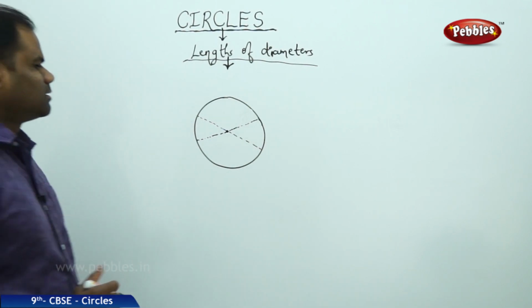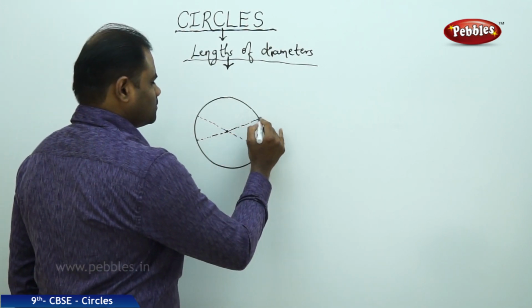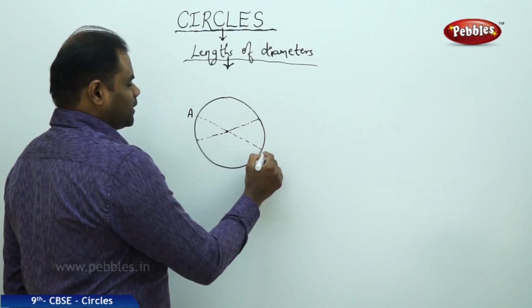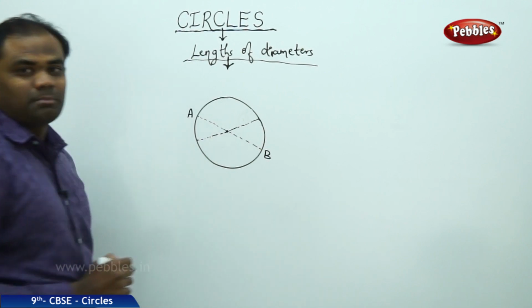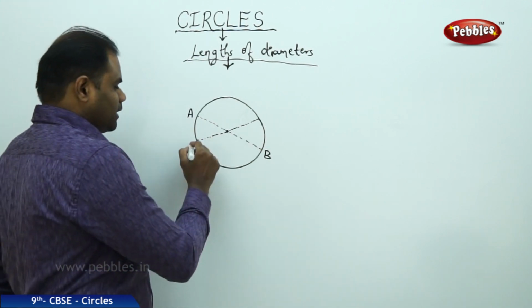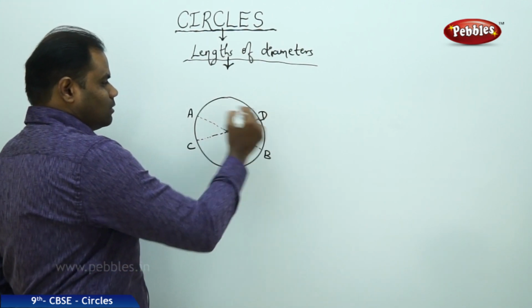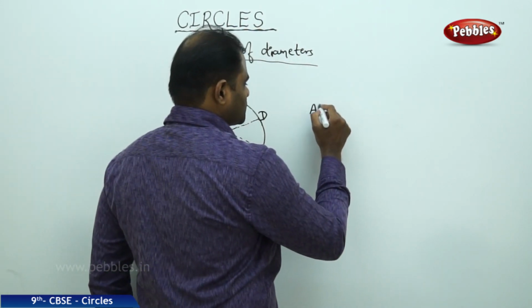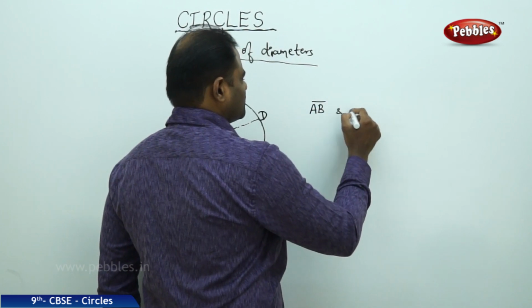Here is what we get. I have a diameter AB which is passing through the center of the circle, and another diameter CD also passing through the center. So there are two diameters, AB and CD.